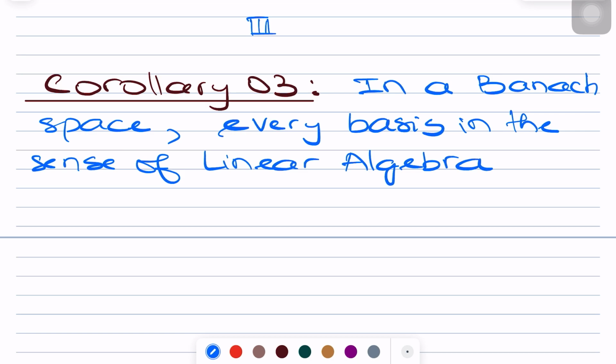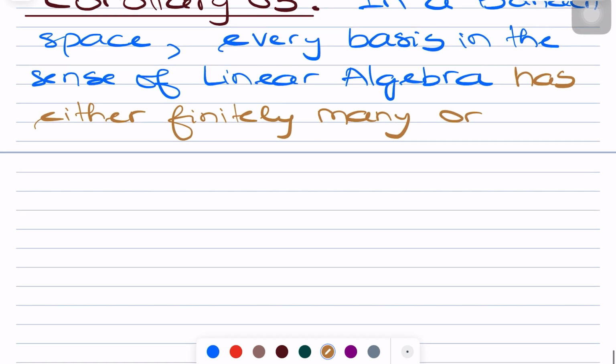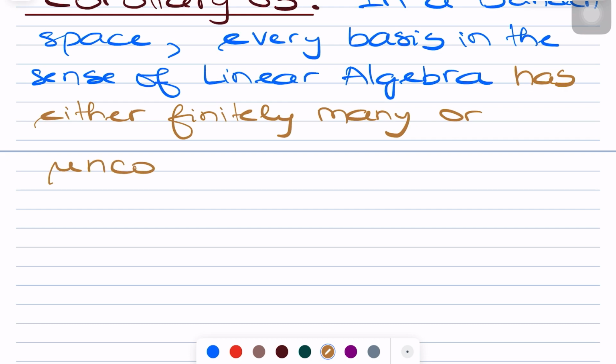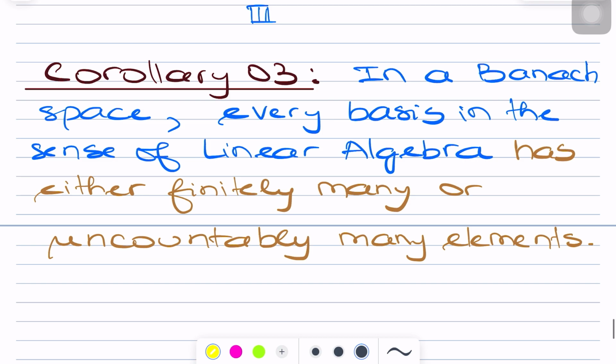So in a Banach space, every basis in the sense of linear algebra has either finitely many or uncountably many elements. Again, just recall Banach space.